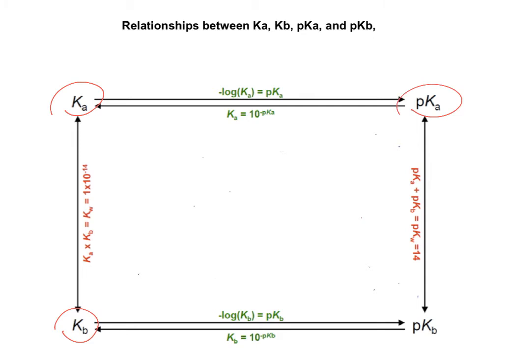So, for example, let's say that somebody gave us the pKa value and we had to figure out the Ka value. Well, we would use this formula. Ka is 10 raised to the minus pKa, just as you found, let's say, the concentration of hydronium ion by saying 10 to the minus pH. So similar type of relationships.